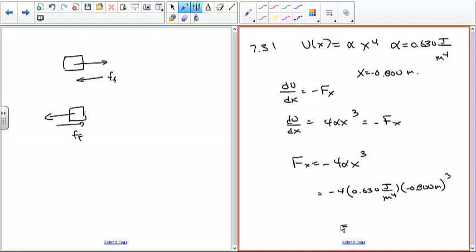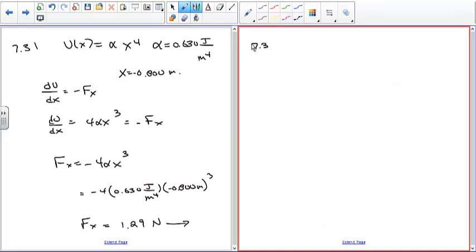So the force in the x direction is equal to positive 1.29 newtons. And since it's positive, it's going to be pointing from left to right. Let's see if that's the right answer. 1.29, positive x direction. Okay, so that's just an example of how you can go from a potential energy function to a force.